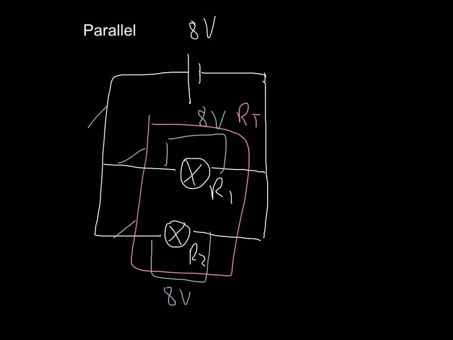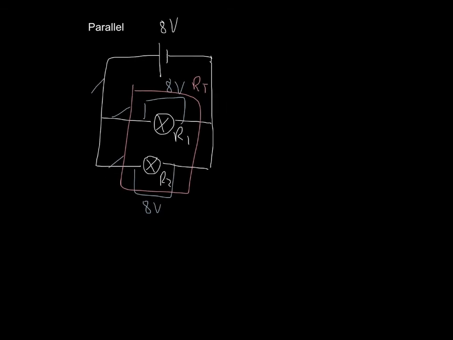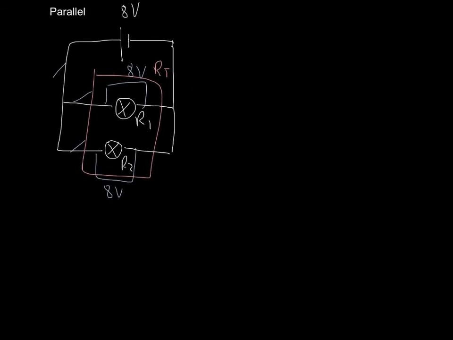Now, there is a way to calculate this, but it's not simple. I'm going to try to prove this to you. I'm pretty sure you will get it, but when people do calculations, they tend to do all kinds of weird stuff. So let's go step by step. The trick here is to use what I told you before: if I have some intensity coming this way, then it splits into this one and this one.